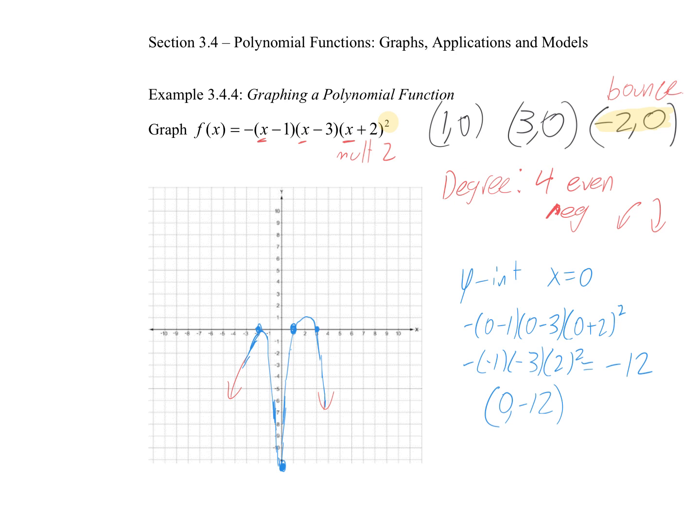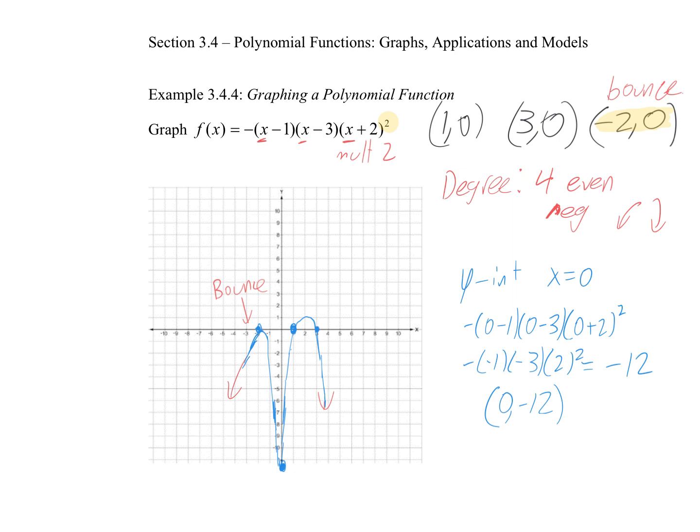And then an even function, anything that's 2 or 4 or 6, makes it bounce off and turn around like we did on ours, okay? So I'll actually make a little note here that this is our bounce shape, which is because of that multiplicity 2, okay?